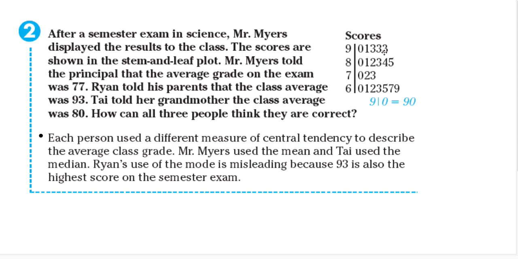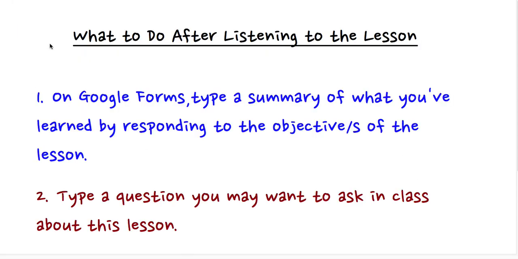So if you look at the mode, it's 93. It becomes misleading now because it is the highest score. It is the greatest value, and we'll discuss that. Okay, and that's when you find out when measures of central tendency become misleading.